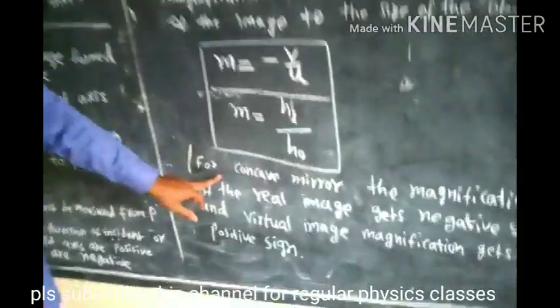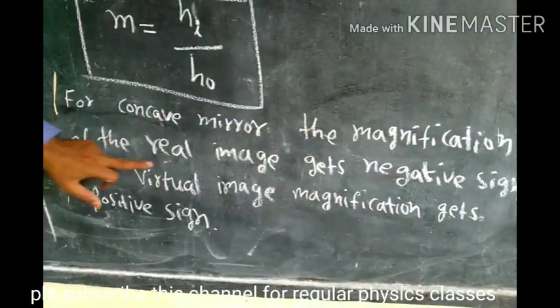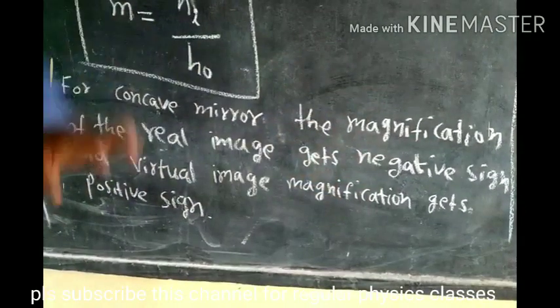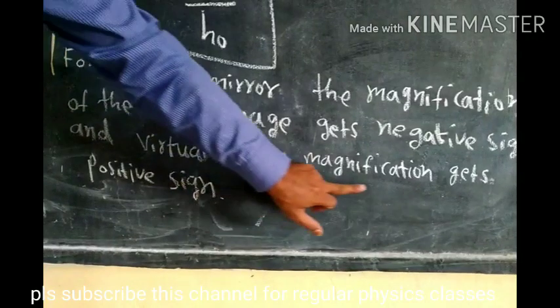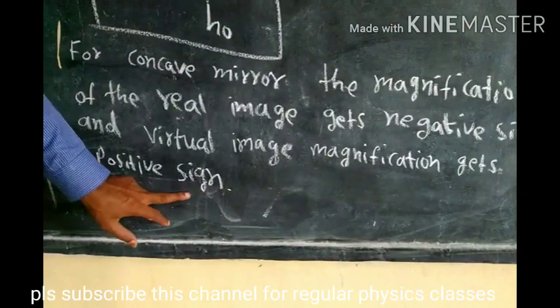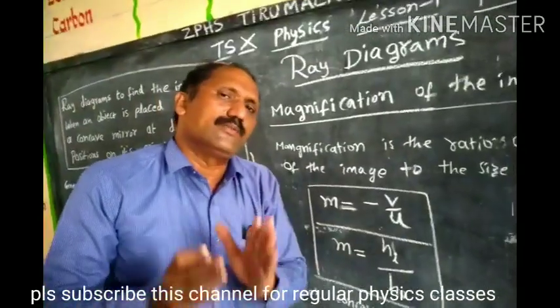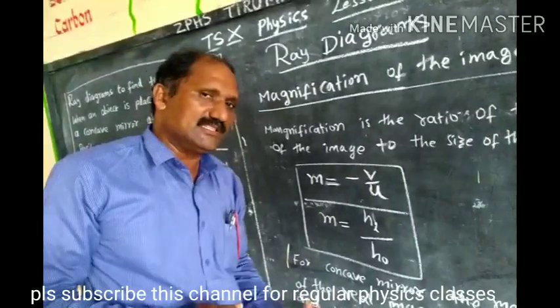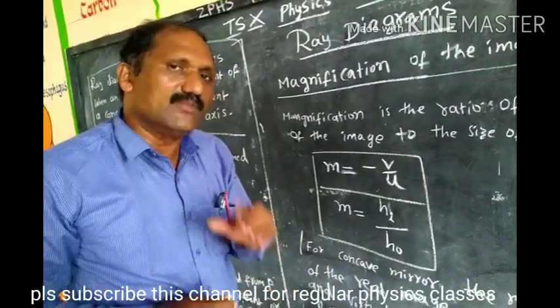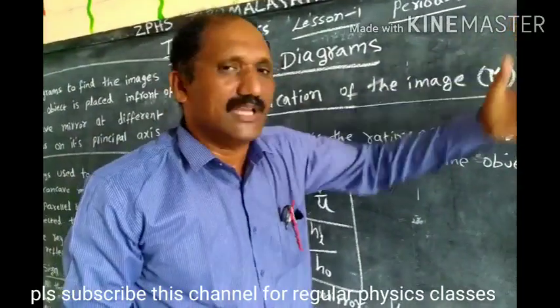For the concave mirror, I have told that the magnification of a real image gets a negative sign, and for a virtual image the magnification gets a positive sign. For the concave mirror, only for one case do we get the virtual image. Virtual image is formed for only one position. That will be in the cases we are going to see.